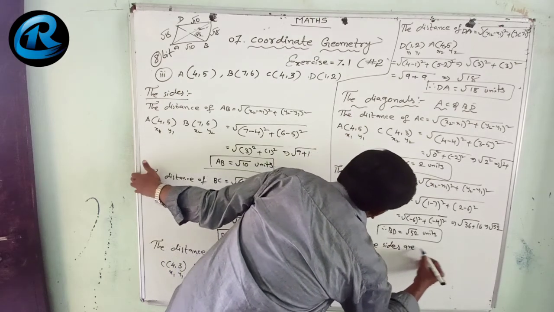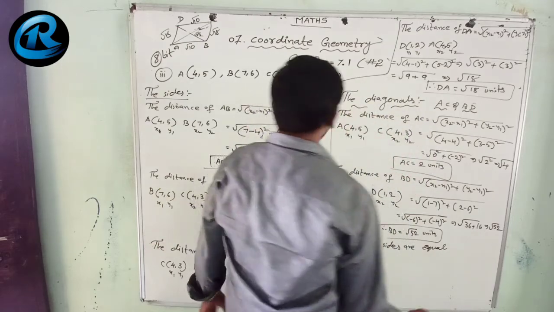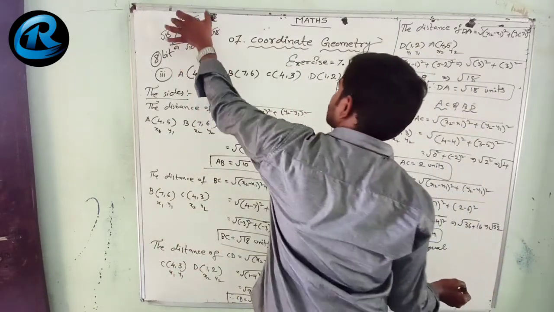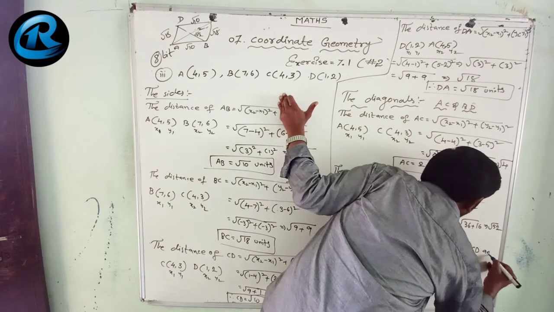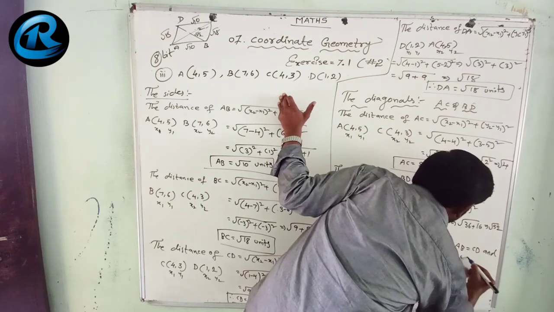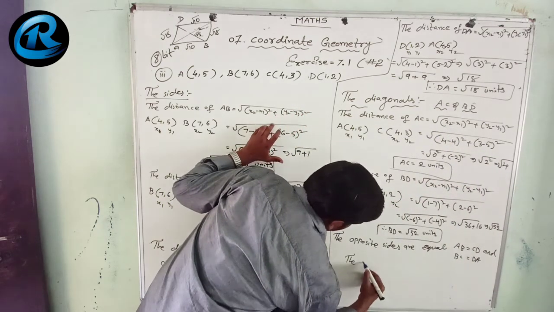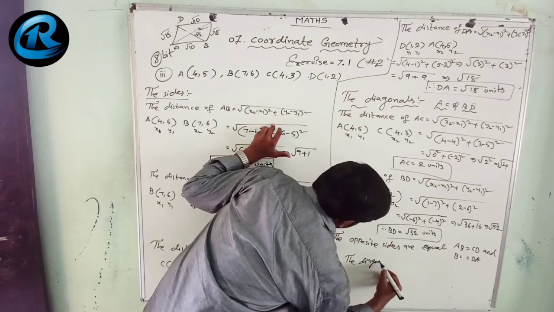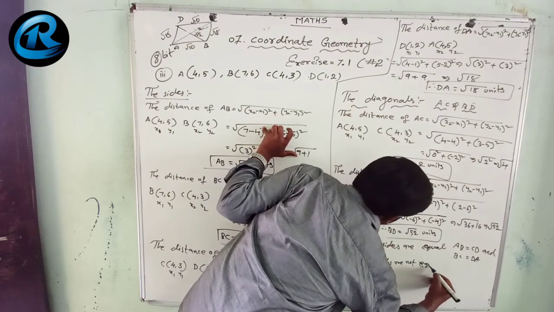So as the opposite sides are equal, that means here AB is equal to CD and BC equal to DA, and the diagonals are not equal.